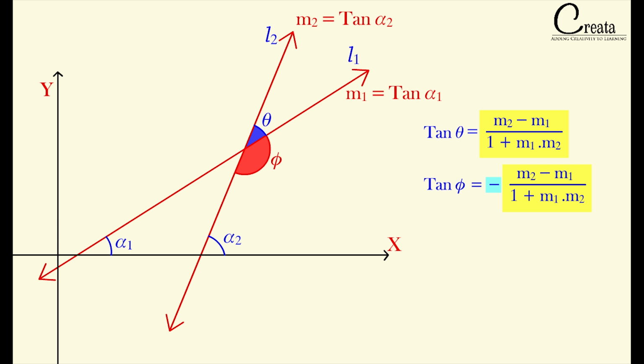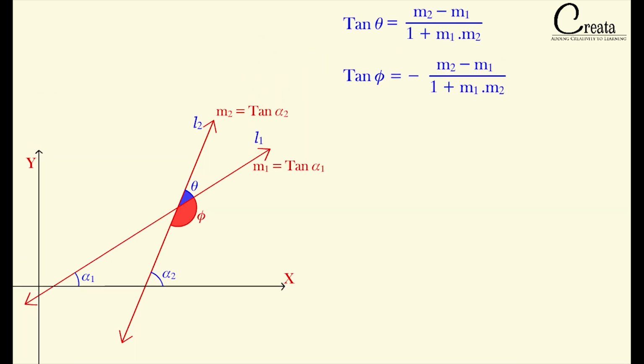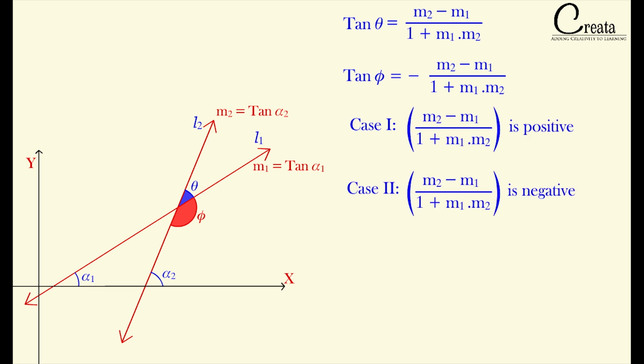Tan theta has a positive symbol and tan phi has a negative symbol. So we got two cases here. In the first case, the value of this term can be positive, and in the second case, the value of this term is negative. Let's see both the cases separately.